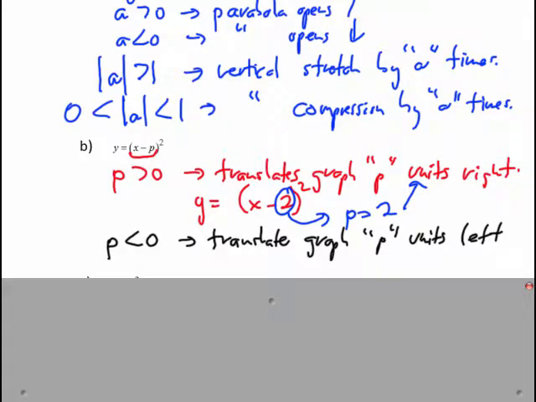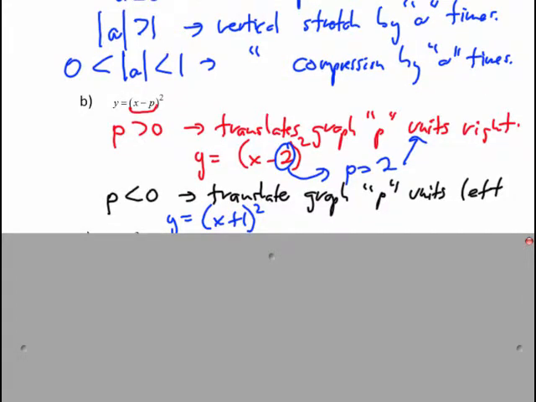And again, just to make that clear, if I have y equals x plus 1 squared, because my standard way of writing this is set up as x minus, I have to think of this as x minus negative 1 squared, and therefore p is -1, which is to the left.